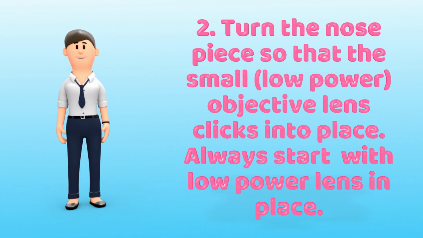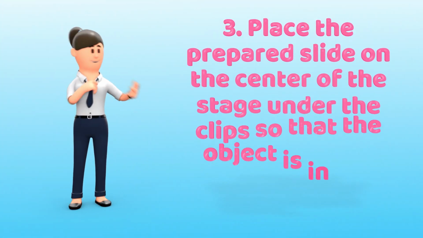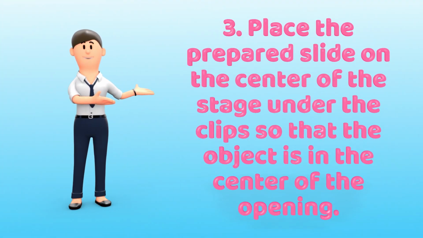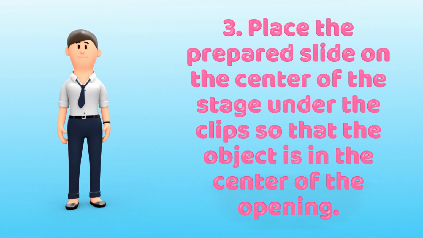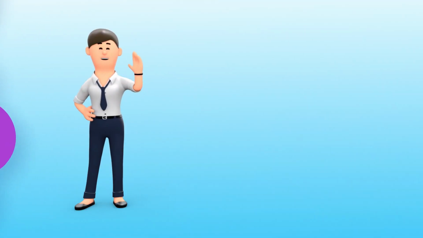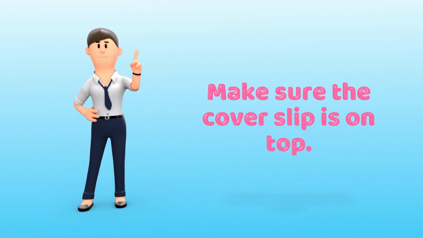Always start with the low power lens in place. Number 3. Place the prepared slide on the center of the stage under the clips so that the object is in the center of the opening. And make sure the cover slip is on top.